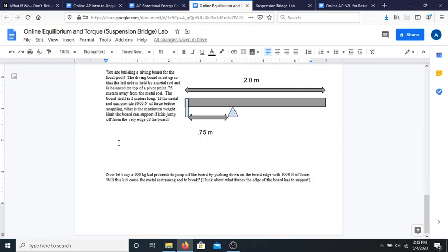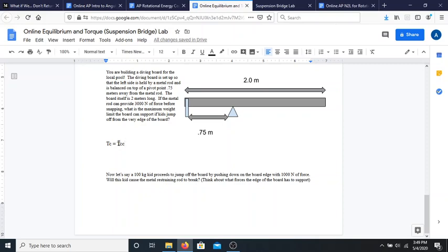The most important thing about this question, at least for the first part, is that we want to make sure the system is in rotational equilibrium, so the clockwise torque is equal to the counterclockwise torque. Since the pivot point is not towards the center, but is away from both edges of the board, the metal rod and the weight of the kid both produce a torque.